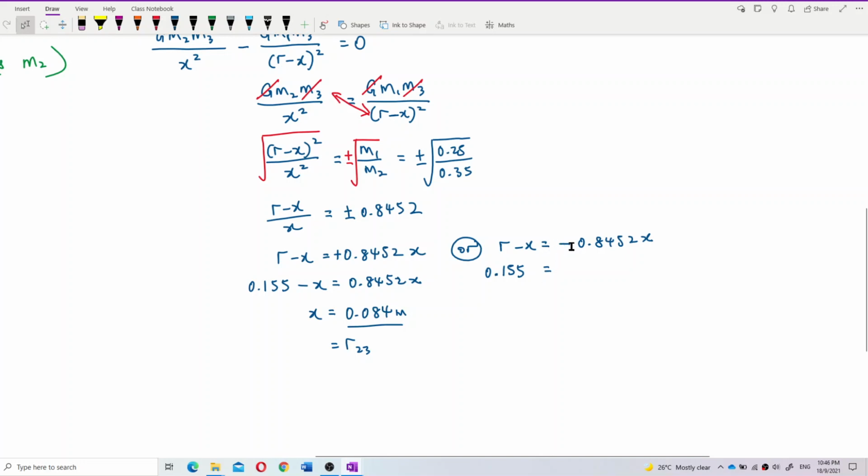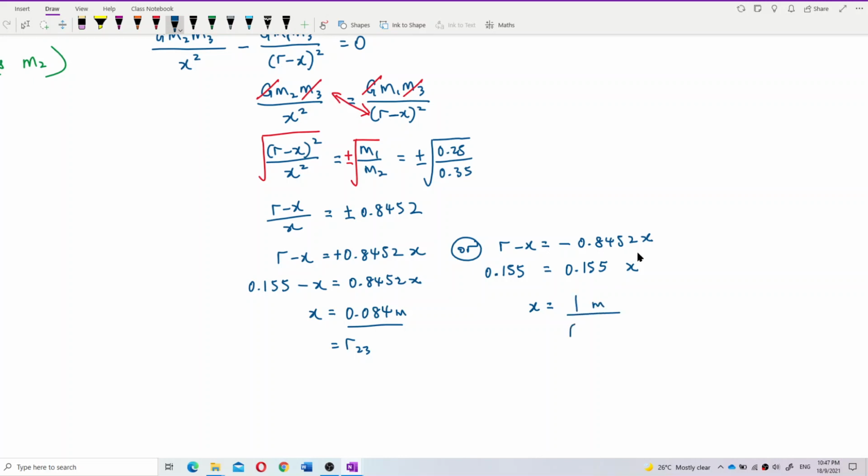So it becomes 1 minus 0.8452, which I get 0.1548x. So now finally I get x equal to 0.155 divided by 0.1548, which considered like 0.155 also. When divided, it becomes 1, so this is 1 meter.